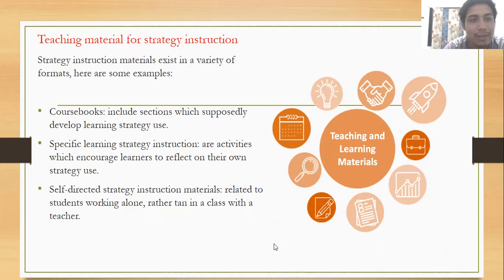As it says here, strategy instruction materials exist in a variety of formats, and as we know, there are many different materials we can use in order to teach, to show students new information, new topics, and new strategies also.